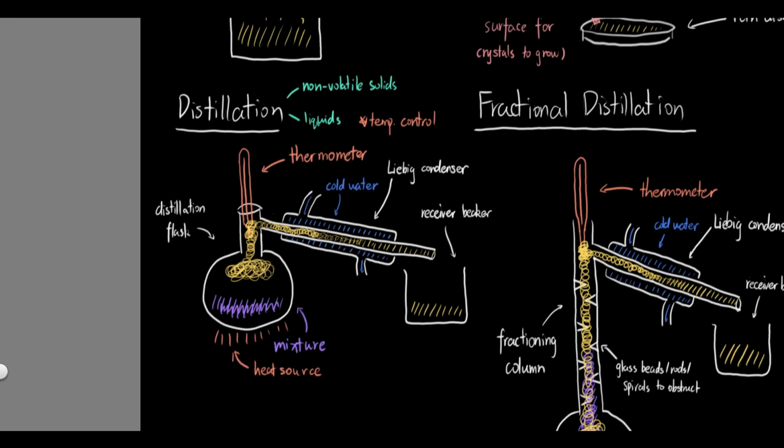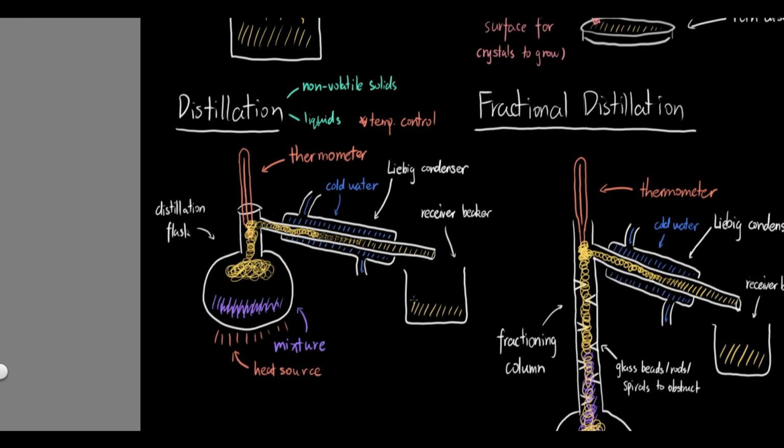Just remember, like, Liebig, a big lie. But yeah, a Liebig condenser, where you would pass cold water in and cold water goes out here, and you would circulate it so that this very hot gas that's being produced will cool down into liquid.